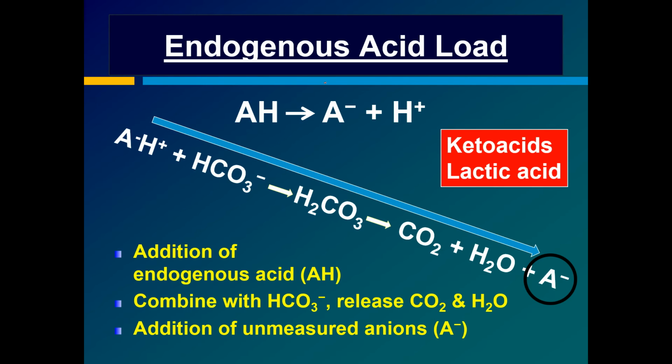So in this particular case, let's say our patient has a seizure and develops, at least briefly, a lactic acidosis from anaerobic metabolism. You have an addition of an endogenous acid, it combines with bicarbonate, releases carbon dioxide and water, and now you have a greater amount of unmeasured anions that are floating around your serum.